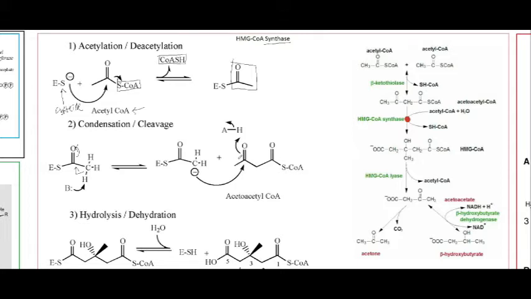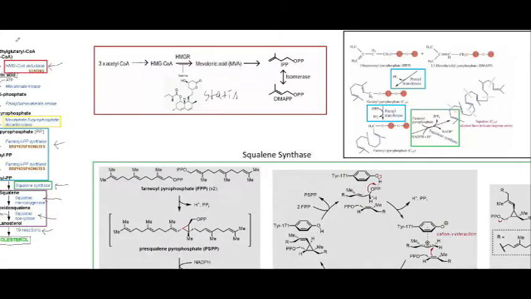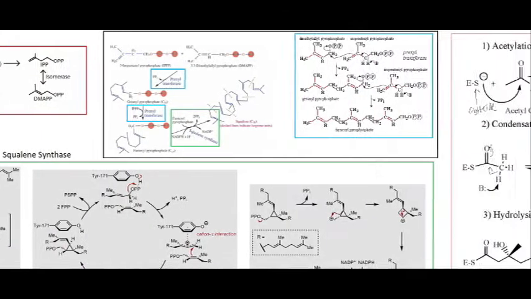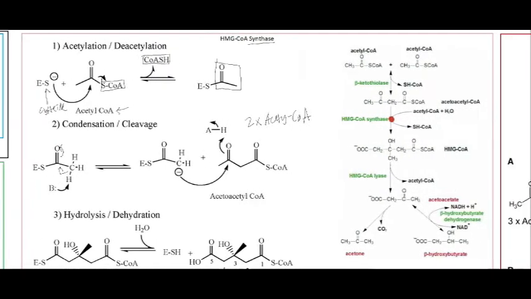is what will be close to this acetoacetyl-CoA. And acetoacetyl-CoA is made from 2x acetyl-CoA, and that's why this takes 3 acetyl-CoAs, because we have this one here, and then this is an equivalent of 2 acetyl-CoAs.